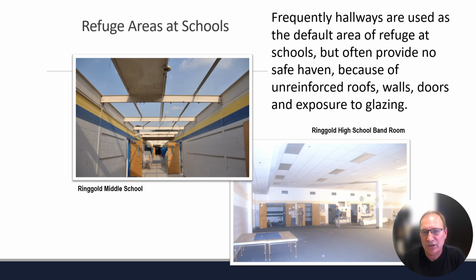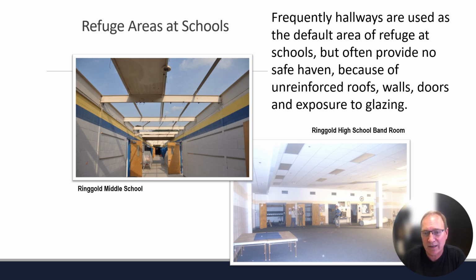If you send students, and the common plan is to send students into the hallway, that's typically the safest area, but that assumes the construction is such that the roof will remain intact and the interior walls are built to such standards that they won't collapse.